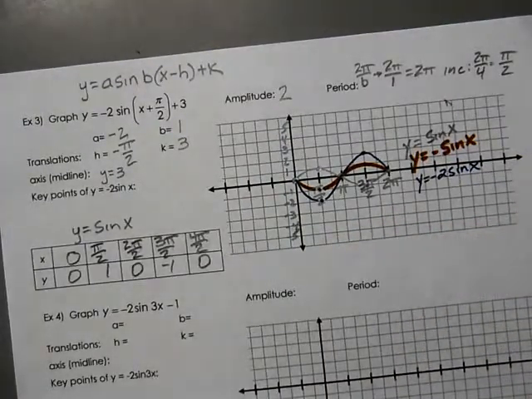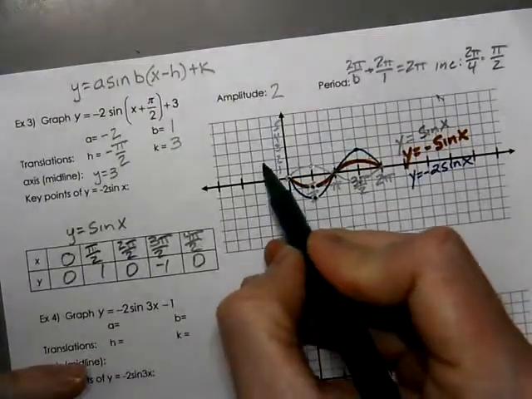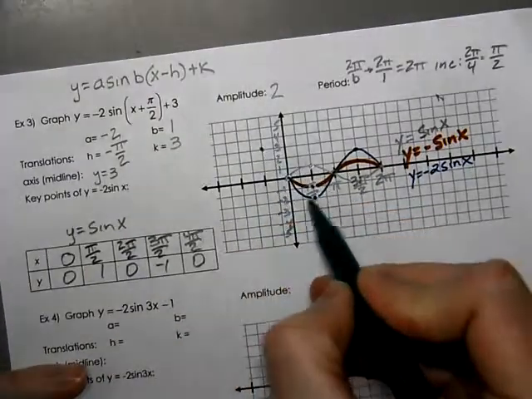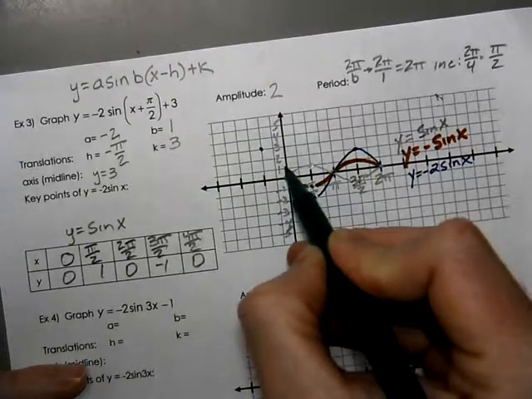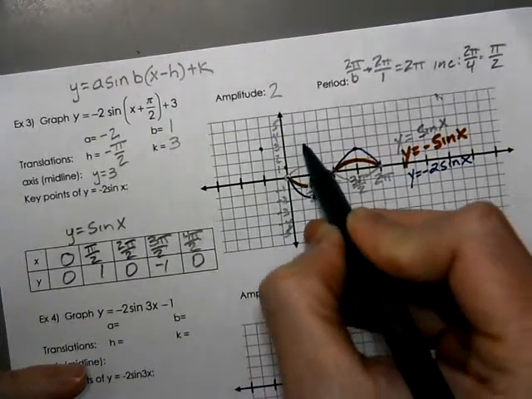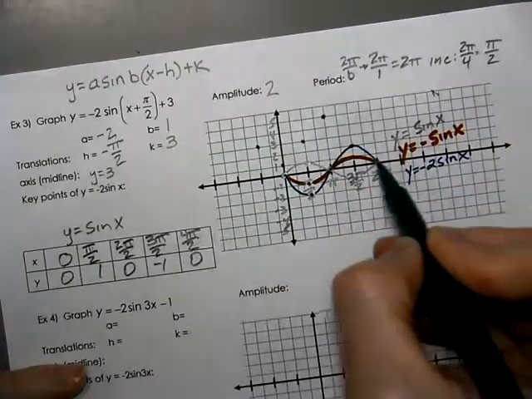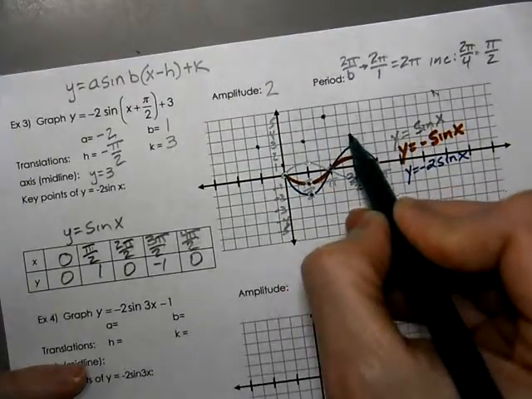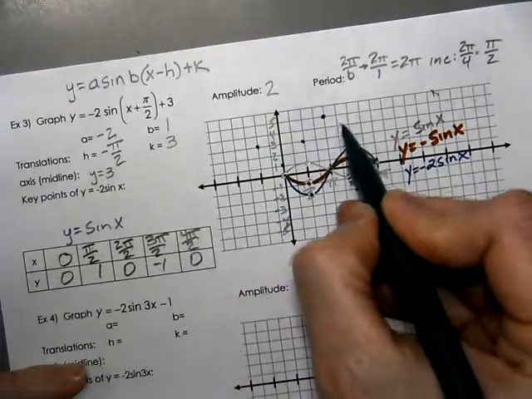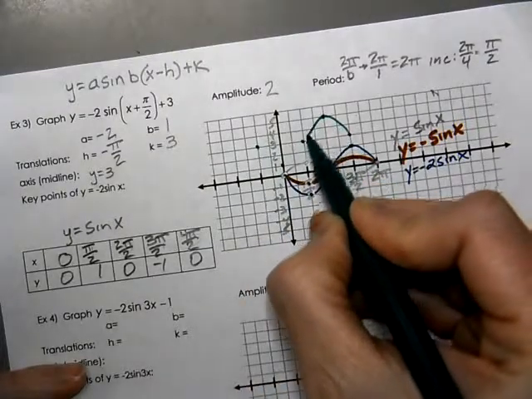Now there's going to be a translation. Our translation is going to move pi over 2 to the left and then 3 up. Then we can trace that out.